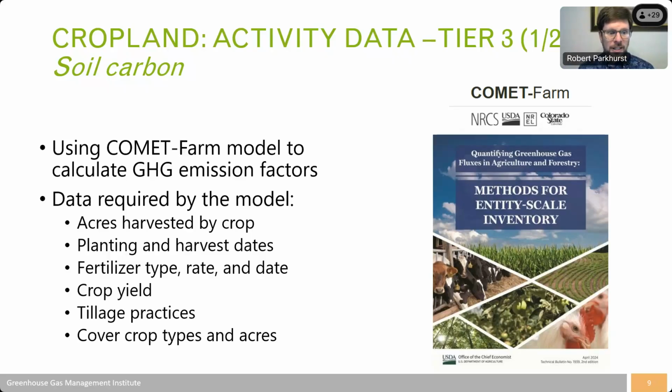To run this, we need acres harvested by crop, planting and harvest dates, fertilizer, crop yield, tillage, and the cover crop types in acres. All of that comes together and allows us to create the soil carbon calculations.